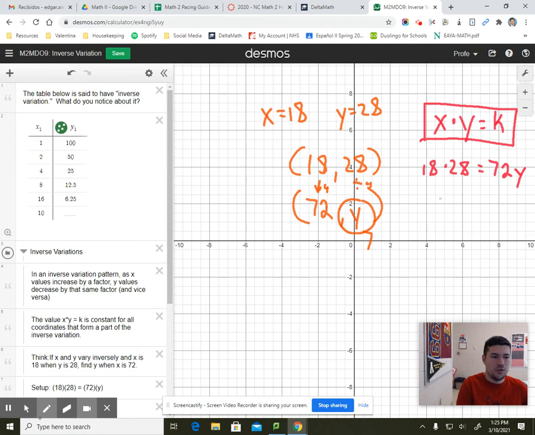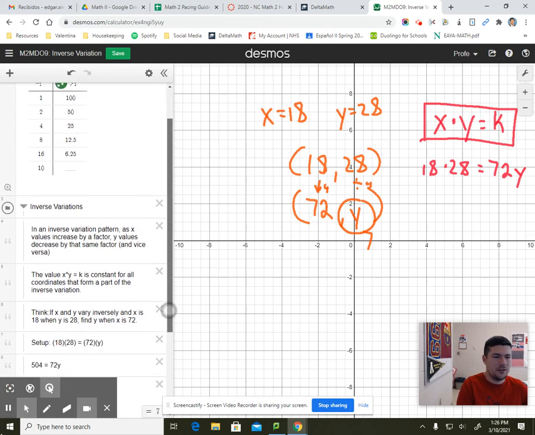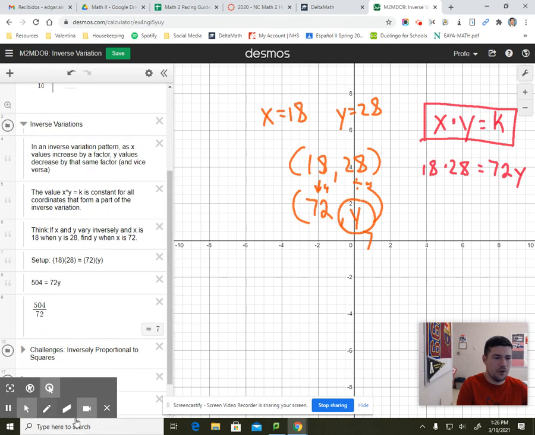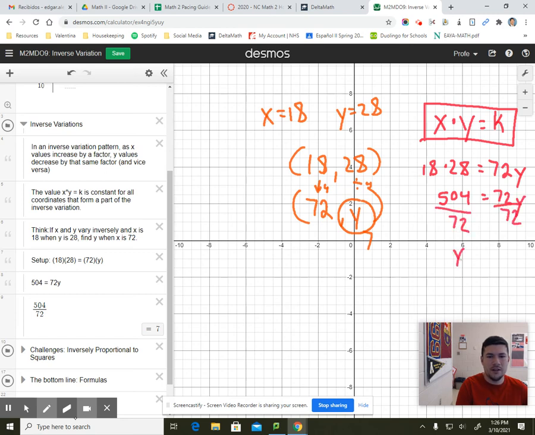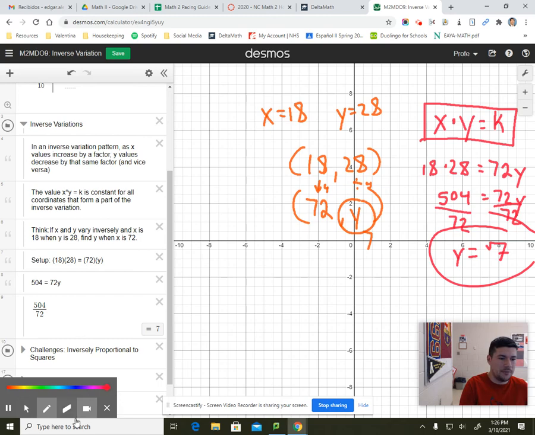For this I got 504 with my work. So 504 equals 72y, and if I divide both sides by 72, I get 7. 7 is my y value. So there's a couple of ways of looking at that.